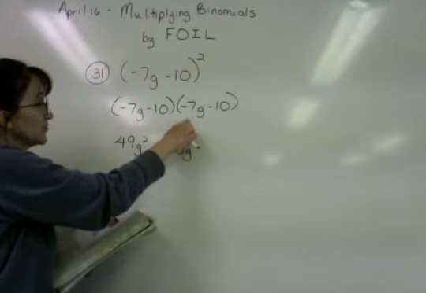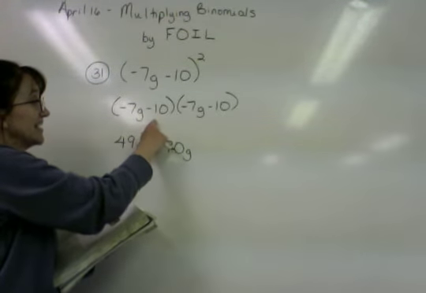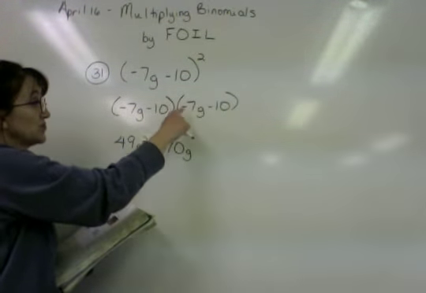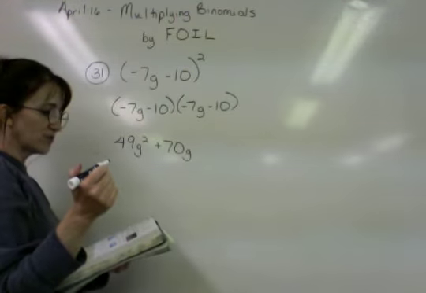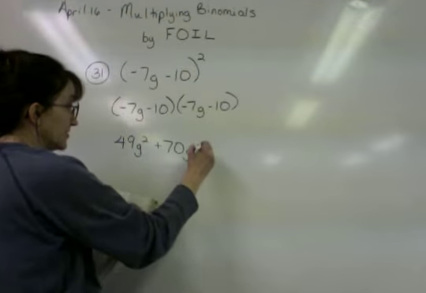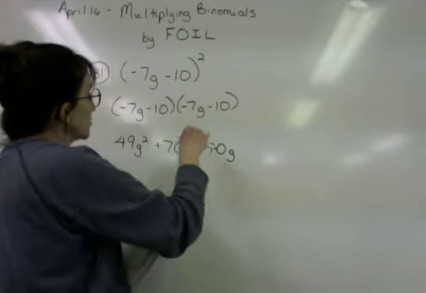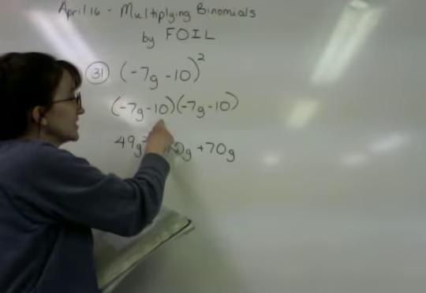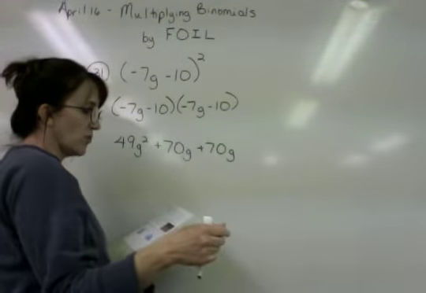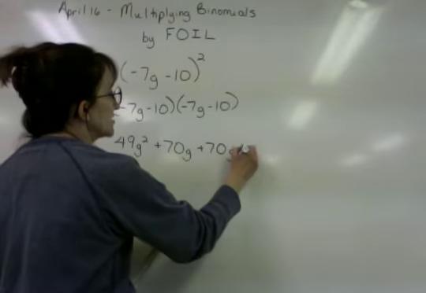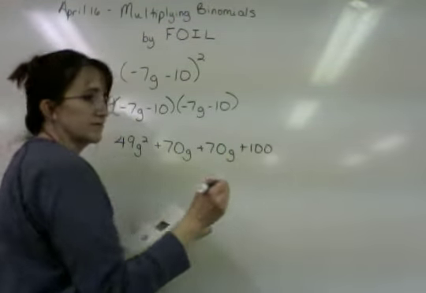I'm going to do my inner ones, which makes it the negative 10 to the negative 7g, which will make that a positive 70g. And my final term is me multiplying the negative 10 to the negative 10, which will end up becoming a positive 100.